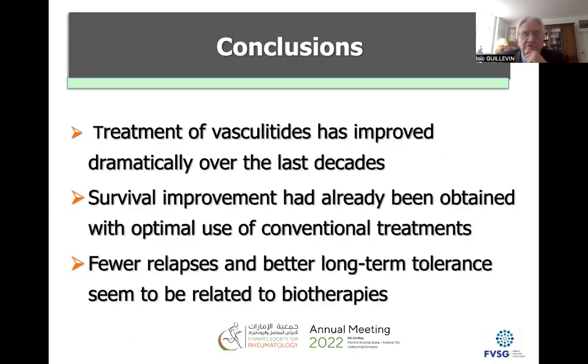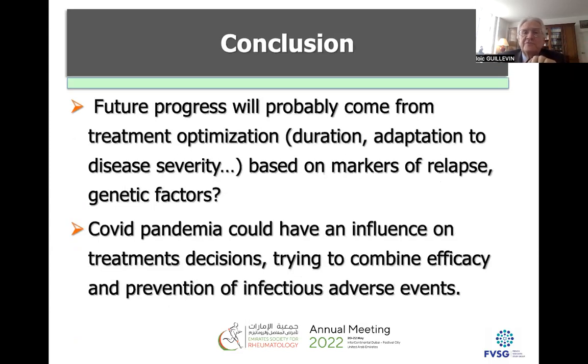The conclusion: treatment of vasculitis has really improved dramatically over the last decades. Survival improvement had already been obtained with optimal use of conventional treatments. And if you have conventional treatment, you can treat successfully your patients. Fewer relapses and better long-term tolerance seem to be related to biotherapies and especially to rituximab. The future progress will probably come from treatment optimization, duration, adaptation to disease severity.